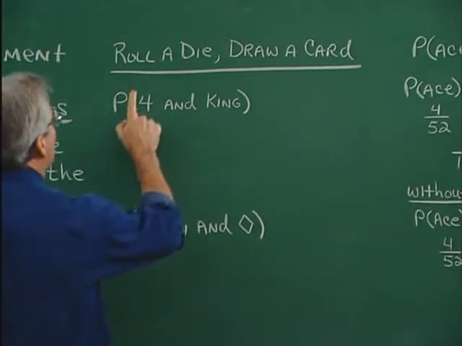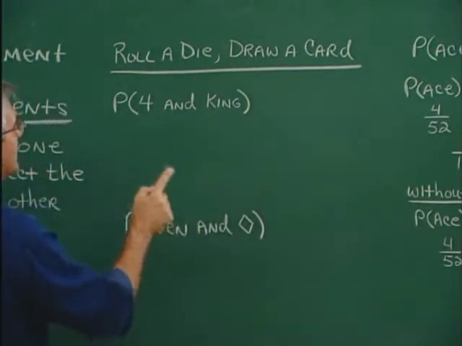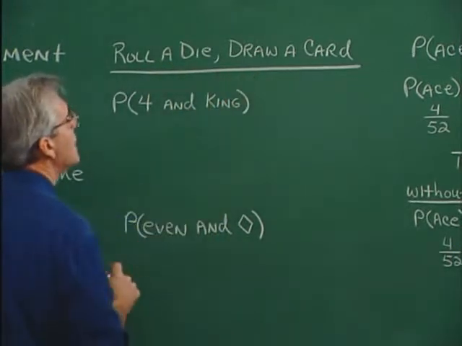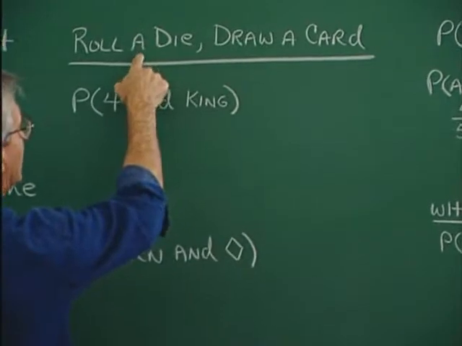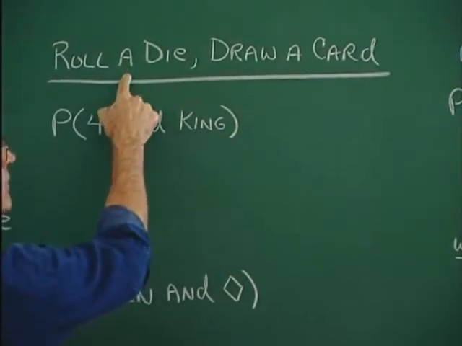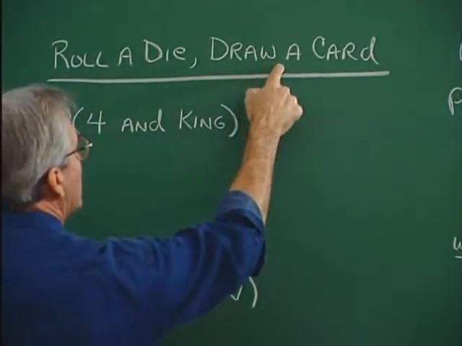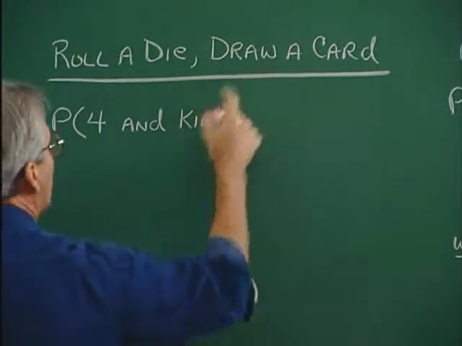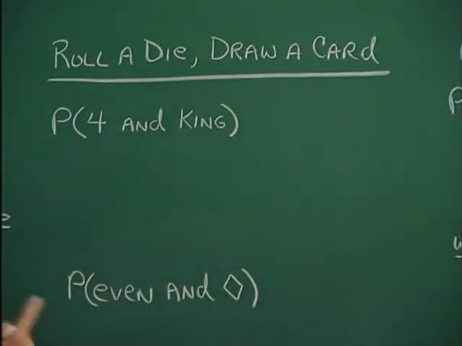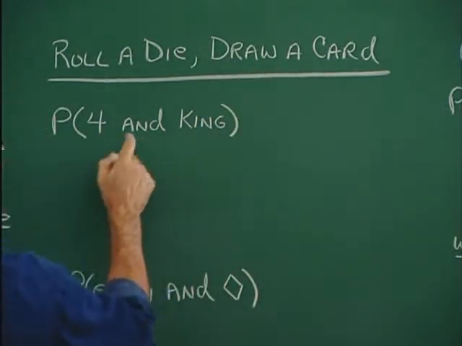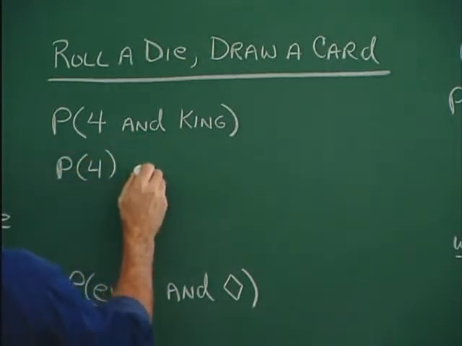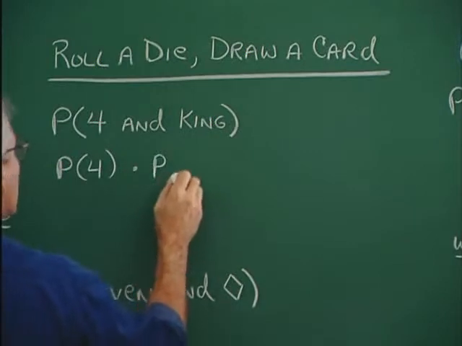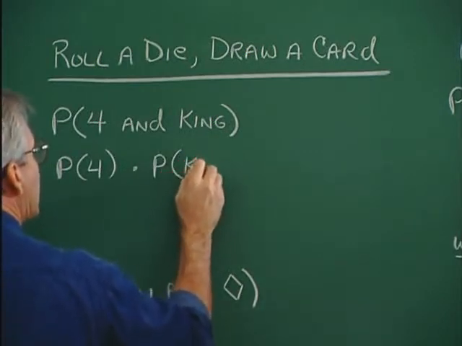So think about whether or not we have independent events, rolling the die, drawing a card, and certainly the outcome here, the occurrence of whatever happens over here, has nothing to do with the probability of some occurrence over there. So we have independent events, and when we have this AND statement, we can write this as the probability of rolling a 4 times the probability of drawing a king.